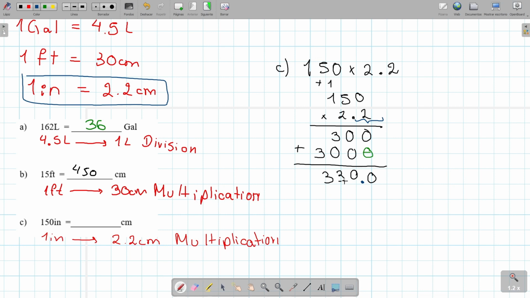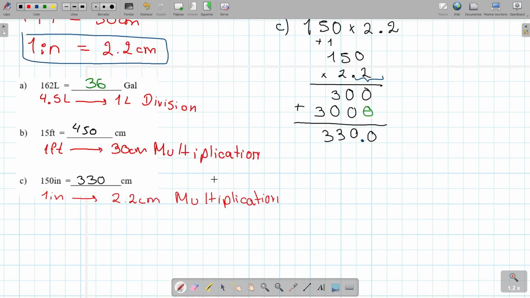As you can see, the result is going to be 330 and not 3,300. There is a huge difference between 330 and 3,300. So the answer for this one is going to be 330 centimeters. Now we are done.